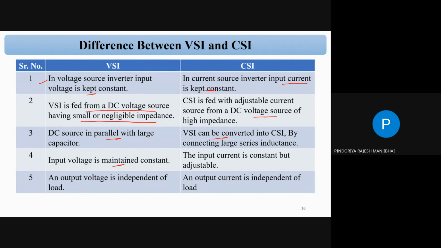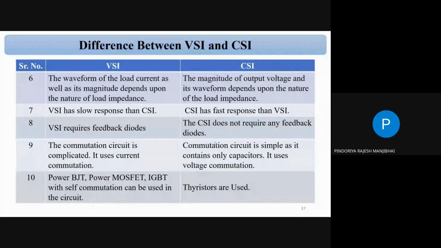Input voltage is maintained constant in VSI, while input current is maintained constant and adjustable in CSI. Output voltage is independent of the load in VSI, and output current is independent of the load in CSI. Correct? The waveform of the load current as well as the magnitude depend upon the nature of the load impedance.